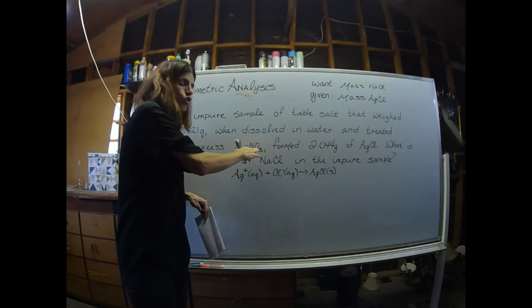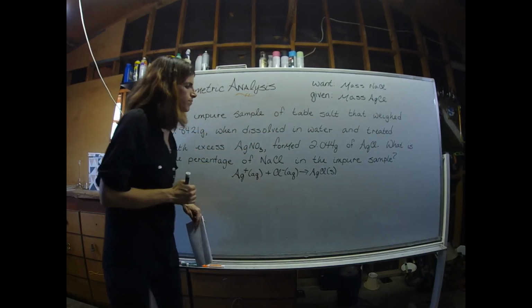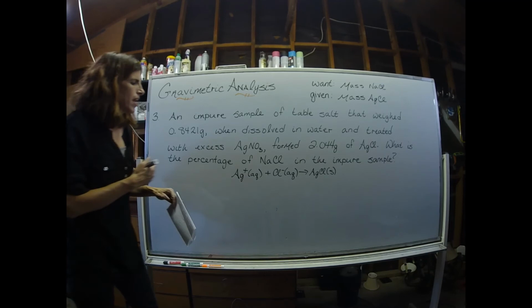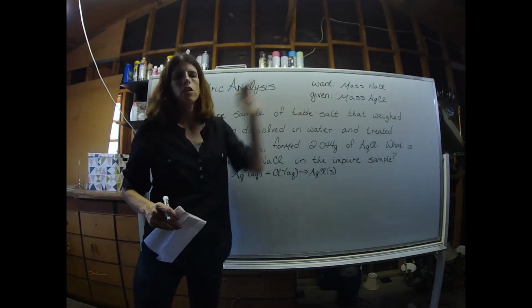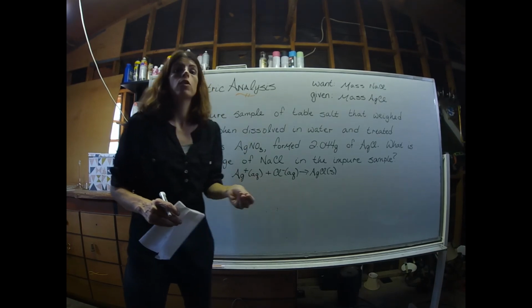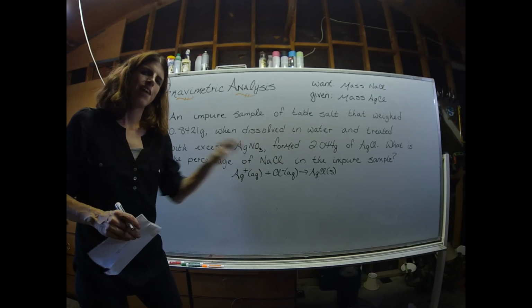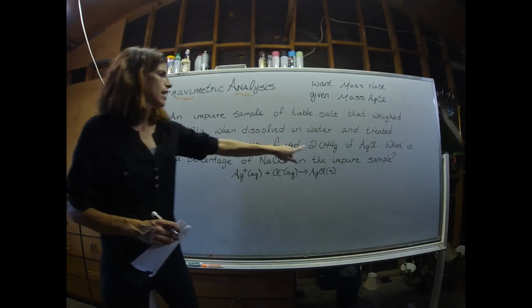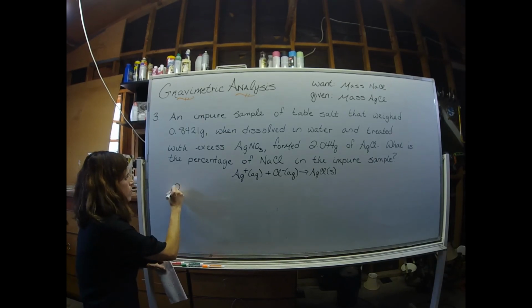So nitrate is involved and sodium ion is also involved. However, this doesn't really help me establish the pathway from here to here. So for me, I'm going to focus more on the formulas and build my path and my bridges that way. Let's start with the 2.044 grams of silver chloride.